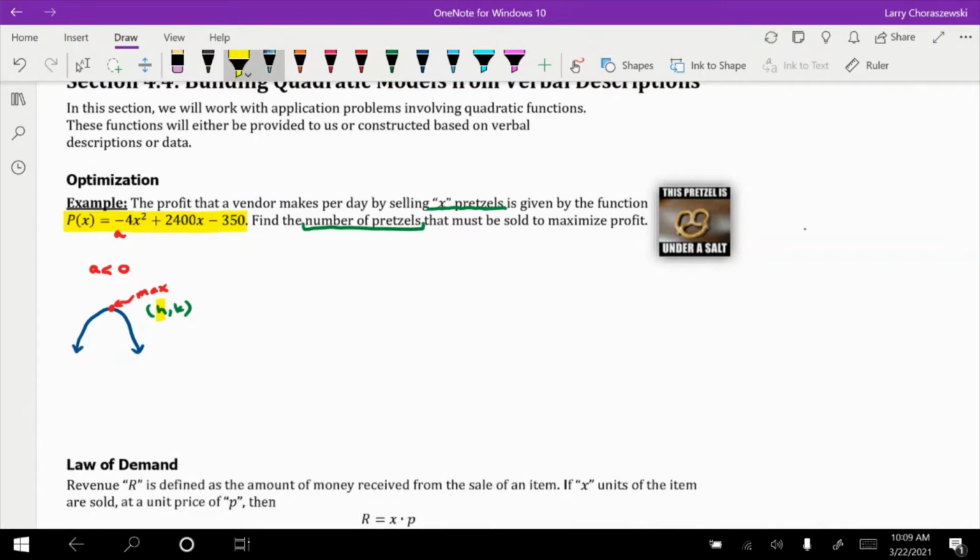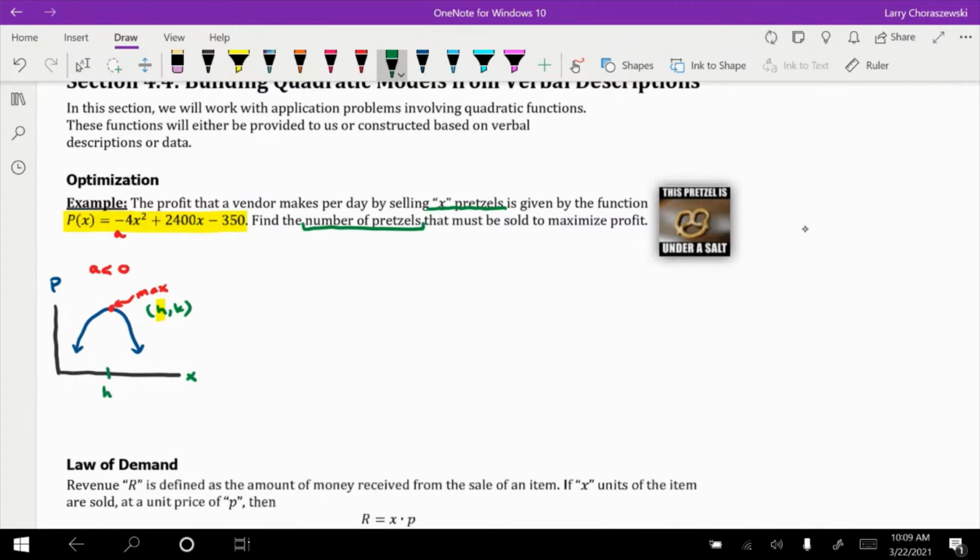In other words, if you were to superimpose this on a coordinate plane, going along the x-axis would be our different values of pretzel amounts, and going along the y-axis would be the corresponding profit. And we would be interested in this tick mark.